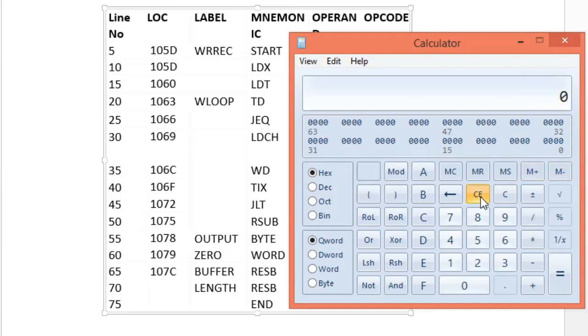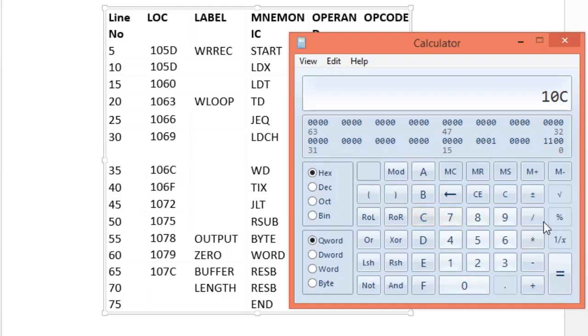I will clear this. 400 in decimal, what is its equivalent in hexadecimal? It is 190. Sorry, it is 190. So what is my previous address? Previous address is 107C.